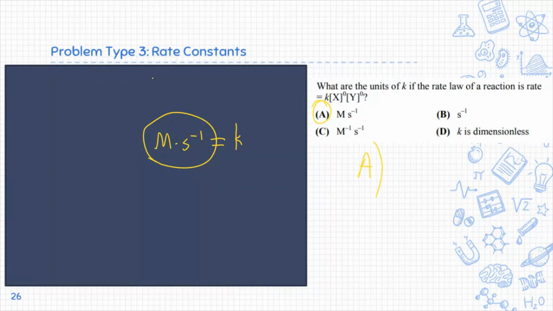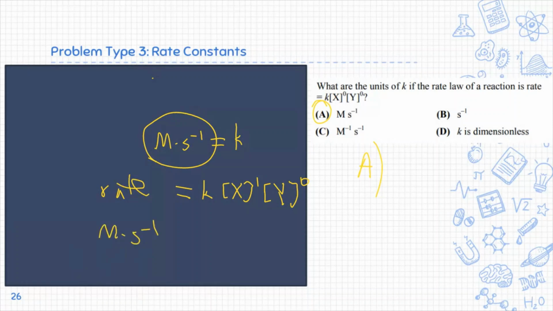Now, this was kind of a trick question, but let's say for something like a first order overall reaction, right? Something like this. Then we know that the rate has to be moles per second.